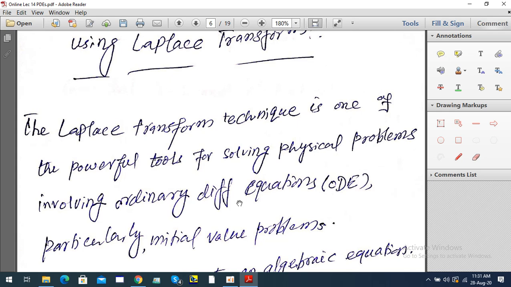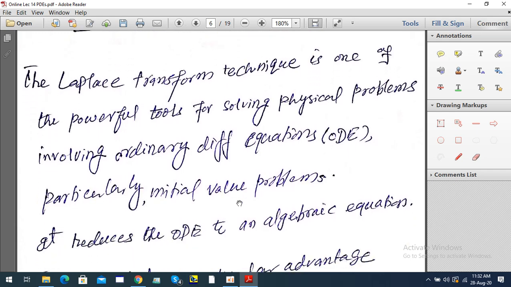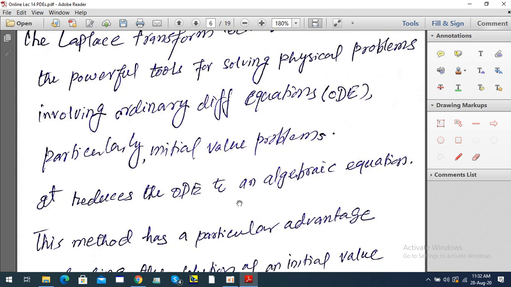If you recall your memory, there is the spring constant, the spring, we have derived the differential equations. And so you can see that there are many physical applications of the ordinary differential equations. And if we have an ordinary differential equation, we need to solve it.